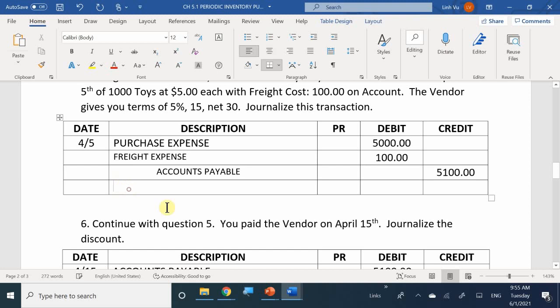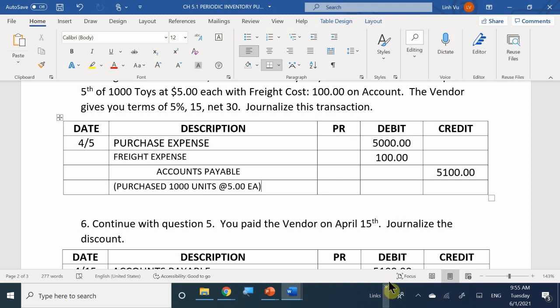Now, what you could have done here too is recognize this: if I purchased 1,000 units at $5 each, that tells me that the amount I actually purchased the items for was $5 each. And then you could have just recalculated from there, saying 100 of those dollars is freight.